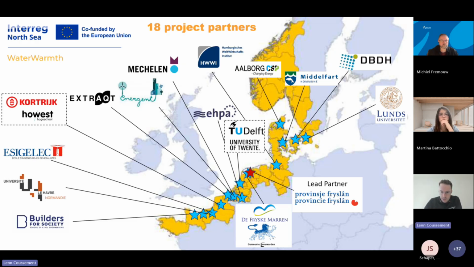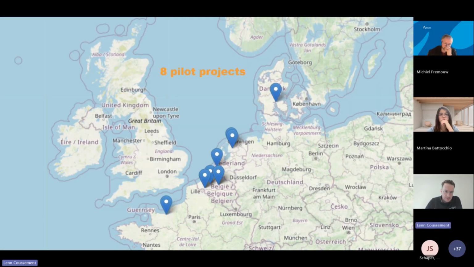I will not go into detail. And also the pilot projects are spread in these 6 countries. So this was a short introduction into aquathermal energy and the WaterWarmth project. And Michiel can now go into detail of one of the things we developed in work package 1.